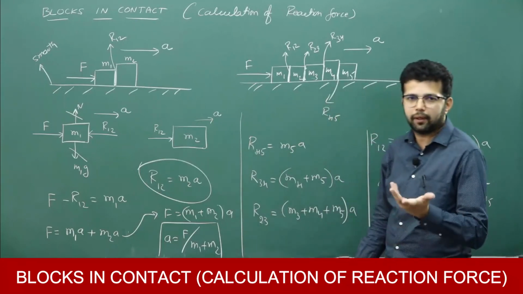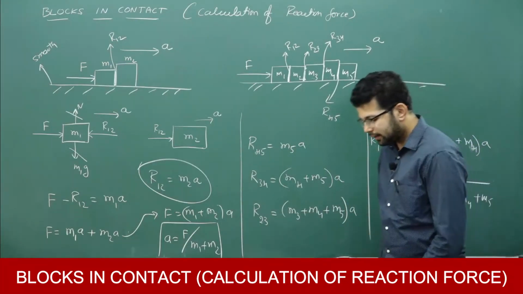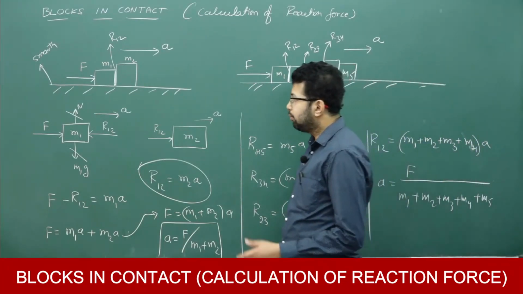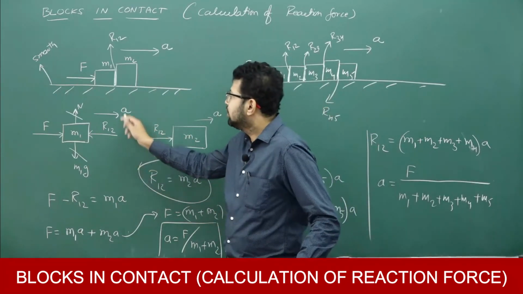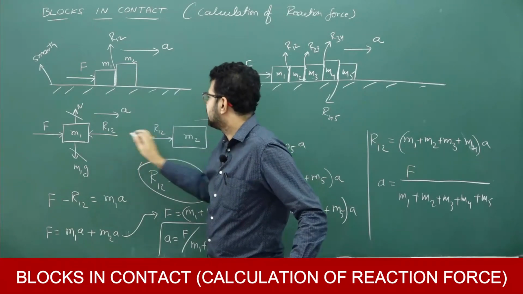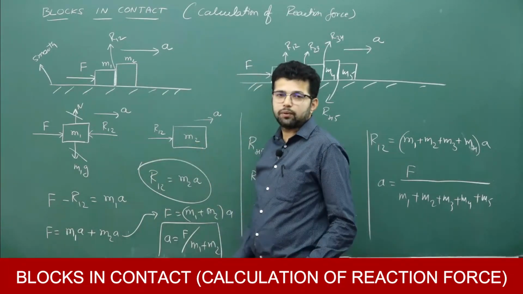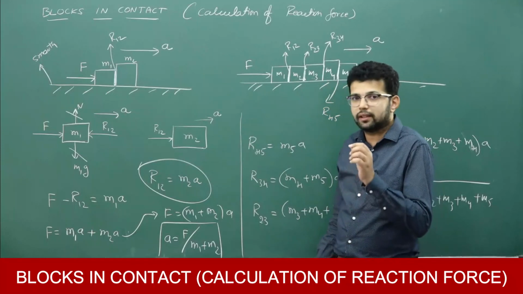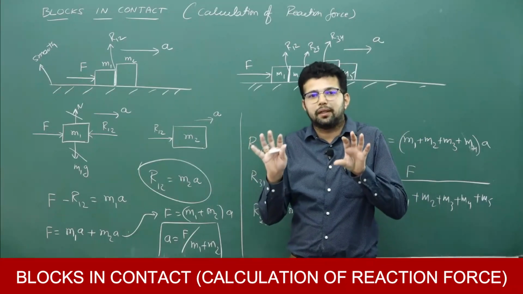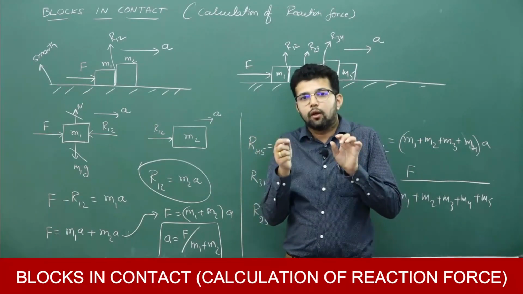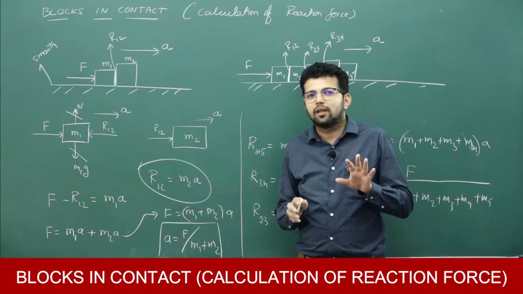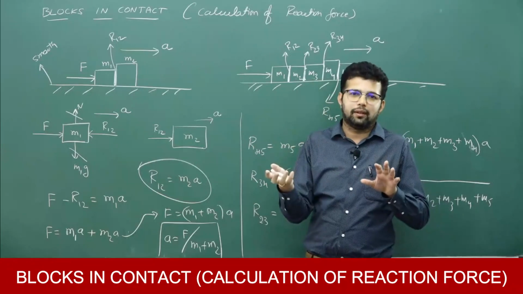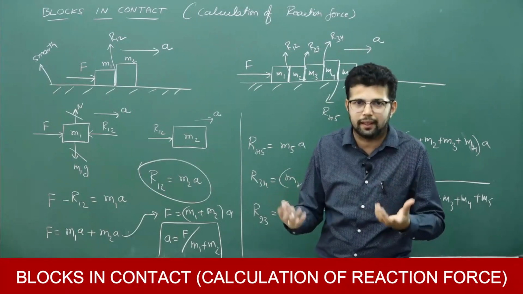The only thing where you may make a mistake, or which you have to understand, is this reaction force. With respect to M1 it is in this direction, with respect to M2 it is in the opposite direction. That is why you might have observed, even in the case of two masses connected by a string, in some textbooks they give both directions for the tension in the same string. That is because with respect to one block there is one direction, and with respect to another block there is another direction.